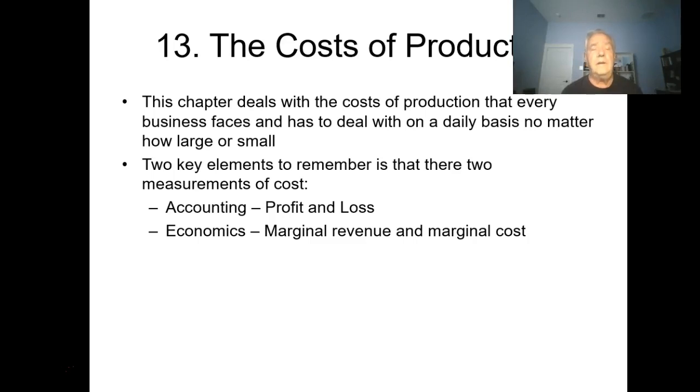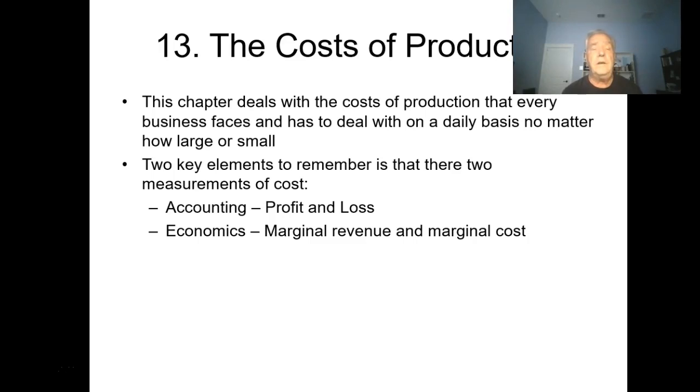Accountants look at costs in terms of how am I going to be able to make a profit? So they're concerned about total revenue, they're concerned about total cost, and what does that do to the profit or the bottom line? In economics, we're concerned about the change or marginal revenue, and we're concerned about the marginal cost.